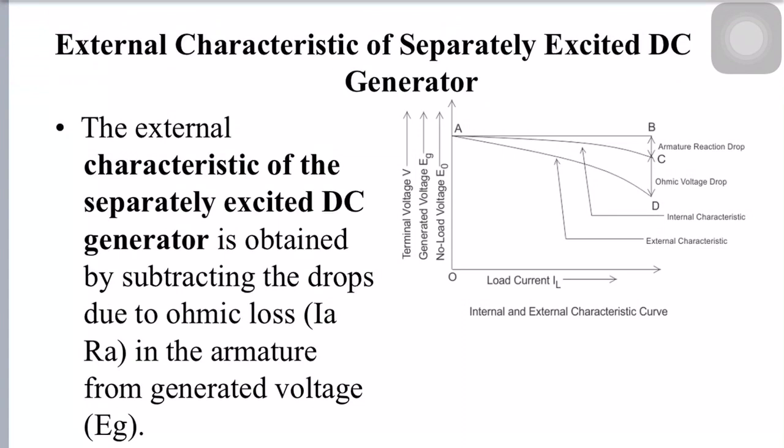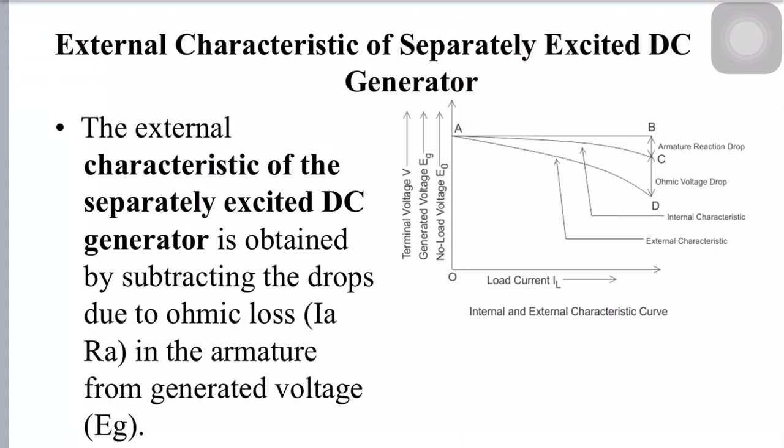We know the terminal voltage V equals E_G minus I_A R_A. This curve gives the relation between the terminal voltage V and the load current, and the external characteristics curve lies below the internal characteristics curve.